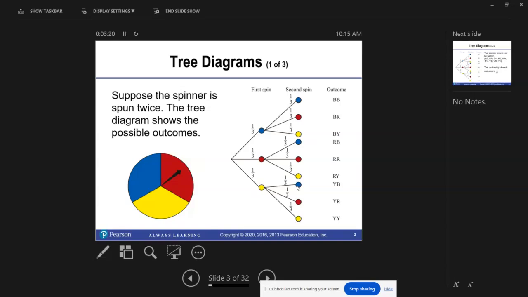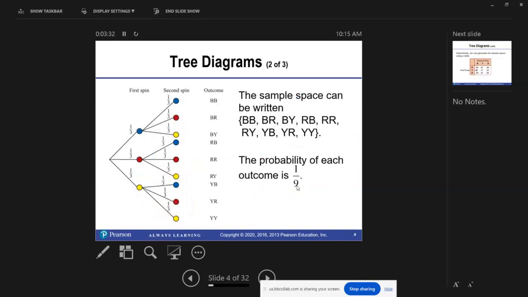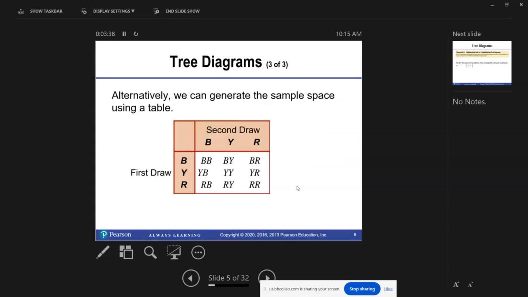Now, tree diagrams can get a little extensive because, if you have more than 3 branches, that was already pretty big. But if you have even more branches, then it gets a little more complicated, and maybe you don't have enough room for that on your paper, or it just gets cluttered. So another thing that you can do is make a table. In the table, you put the column as your first possibility, so blue, yellow, red.